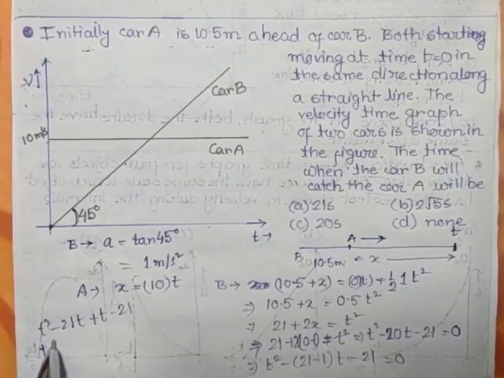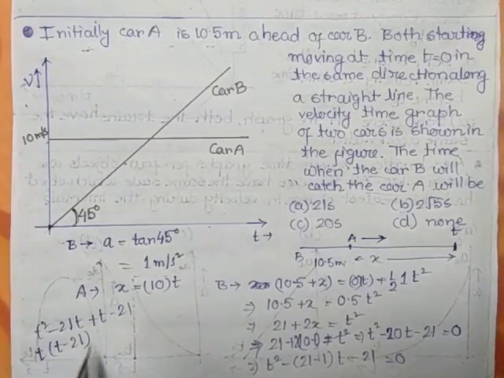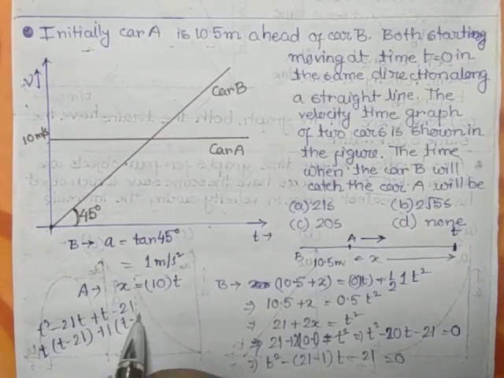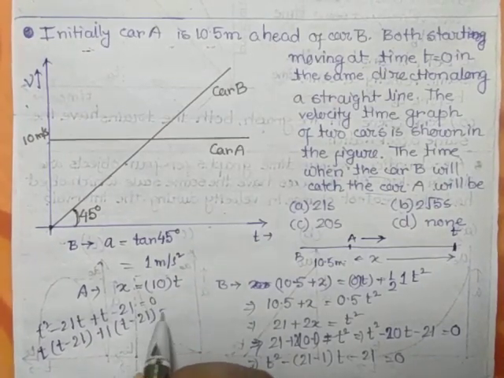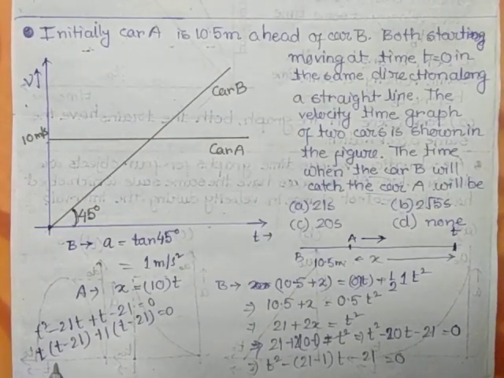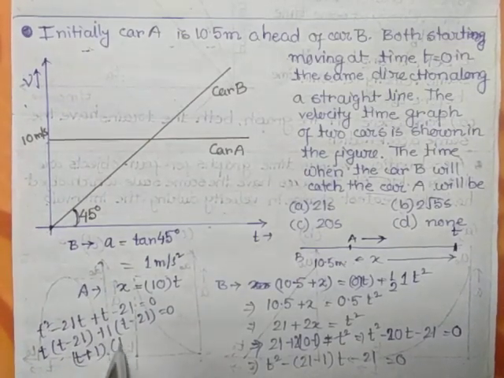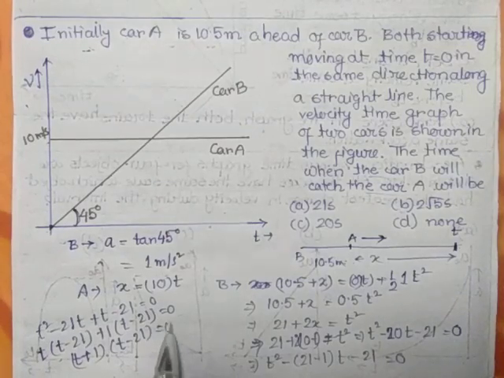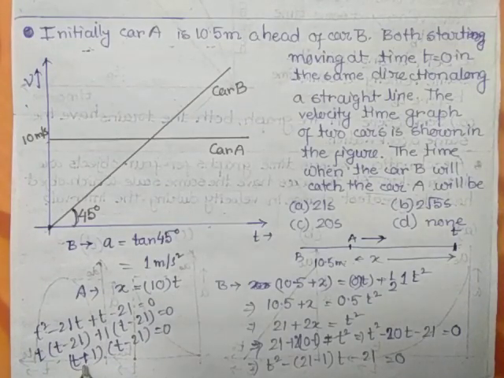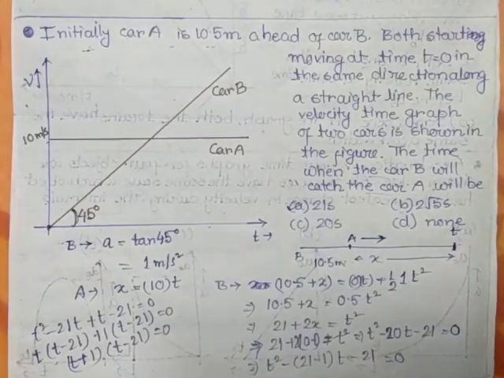If I take t minus 21 common, then we get t plus 1 and t minus 21 equal to 0. The t can't be negative, so t equal to minus 1 is rejected, but t equal to 21 is the option here. So they will meet each other after 21 seconds.